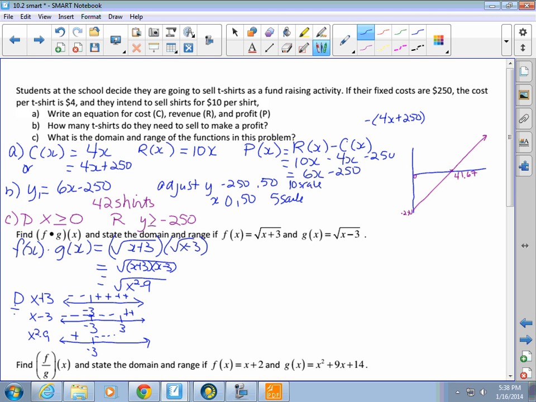Positive divided by positive means that these are going to be positive. So for h(x), x is going to be less than negative 3, or x is going to be greater than 3. That's where I'm going to have positive values.